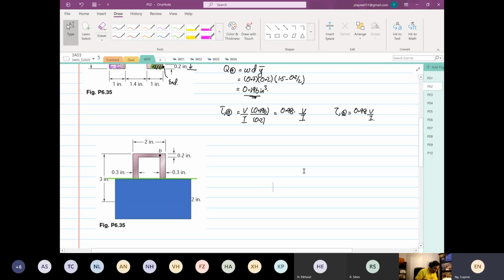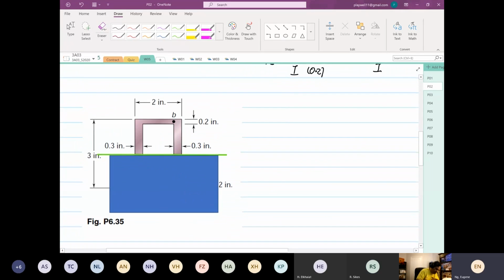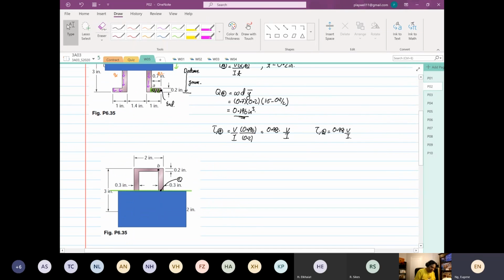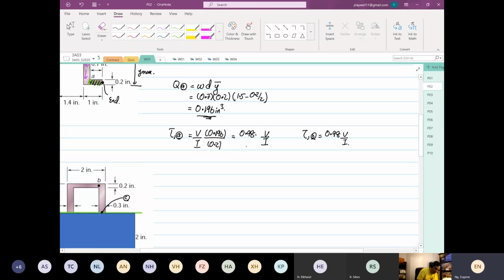So now, the next point I'm going to declare down here is my point C. I'm going to find my point C. Why did I decide to find point C? Because at point A, I get 0.98 V over I. At point B, I also get 0.98 V over I. So both are the same value.